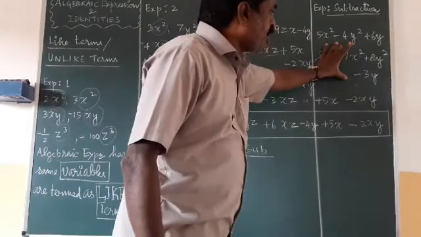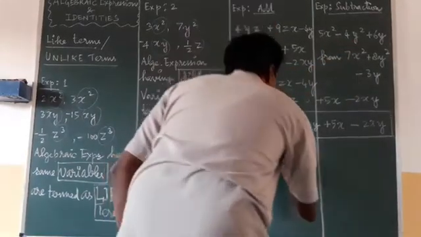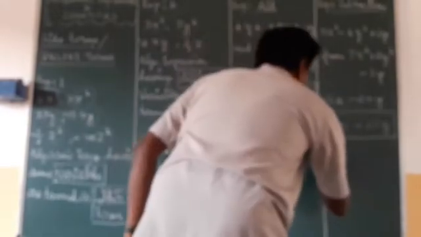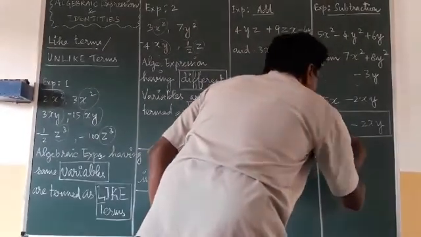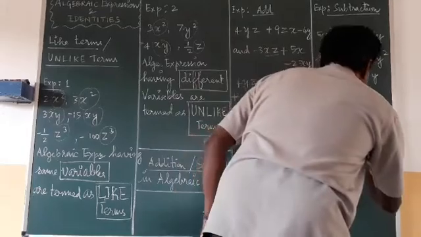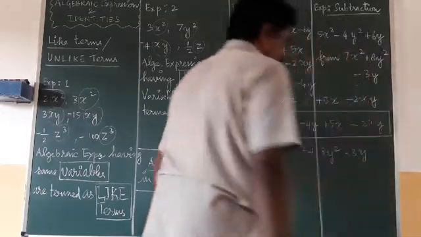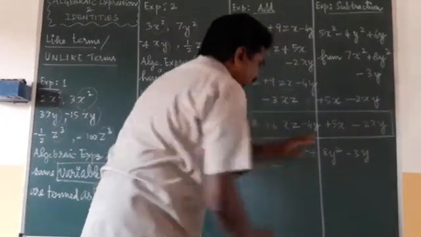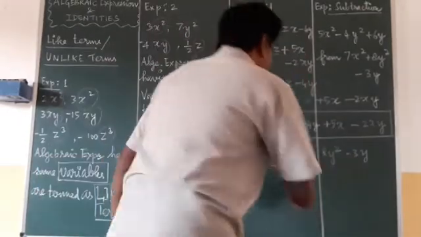So what you have to do? First, the second expression you have to write first: 7x square plus 8y square, then next term minus 3y. Minus from this you have to minus which one: 5x square.